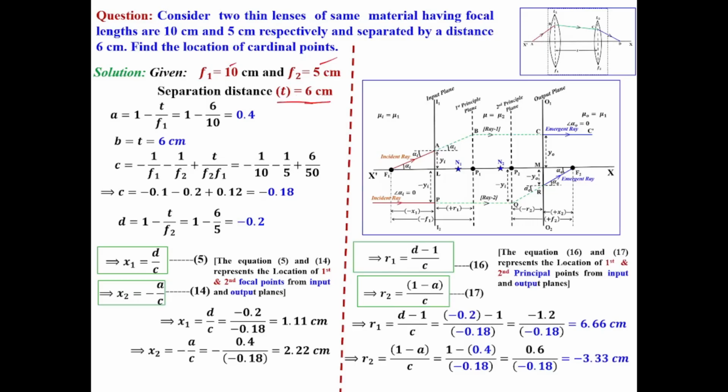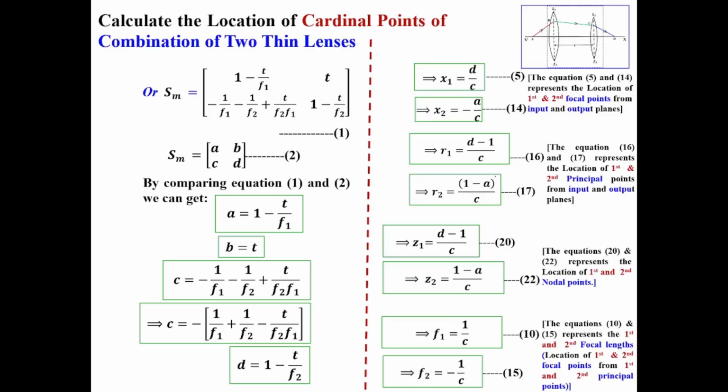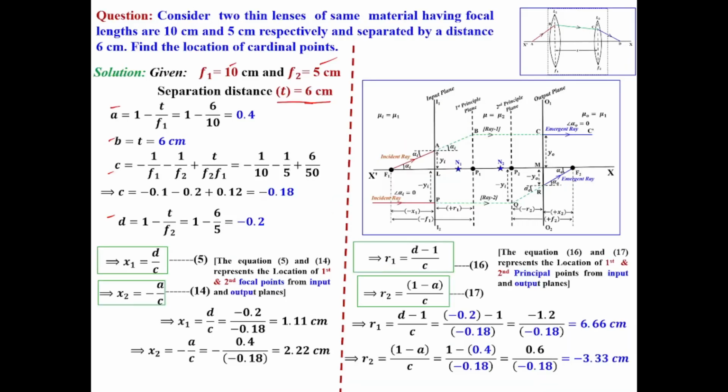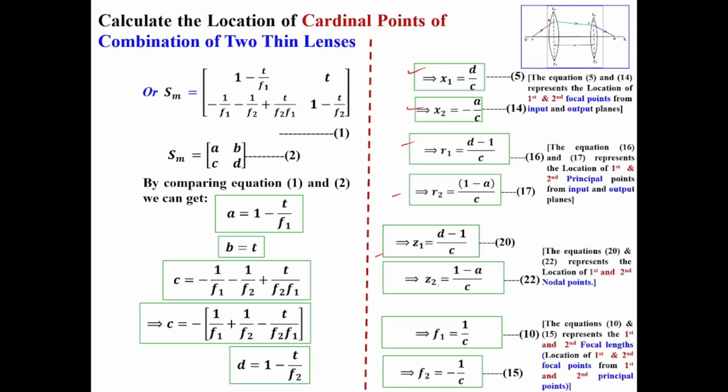To find the cardinal points, we should know the values of A, B, C and D, because by using A, B, C, D, we can evaluate the location of cardinal points. So first we have to evaluate A, B, C, D for this combination of two lenses.